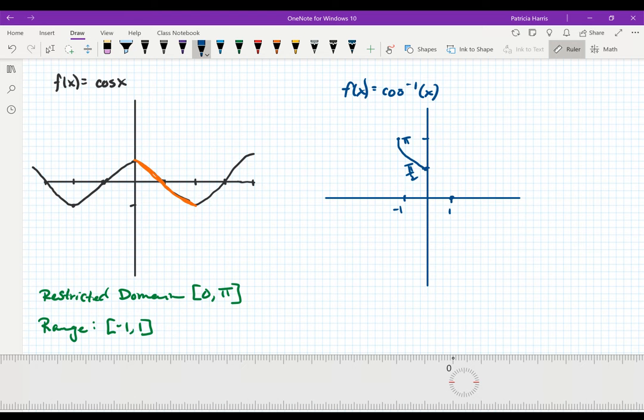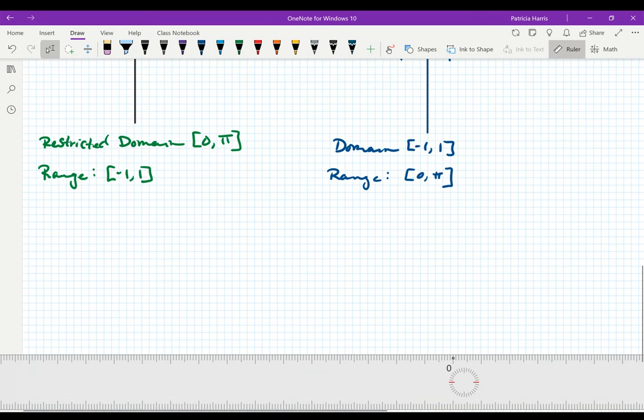So it looks like this. Our domain is now -1 to 1, and our range is 0 to pi. Again, we restrict. Let's talk about tangent really quick, and then we'll get into how to use these in the next video.